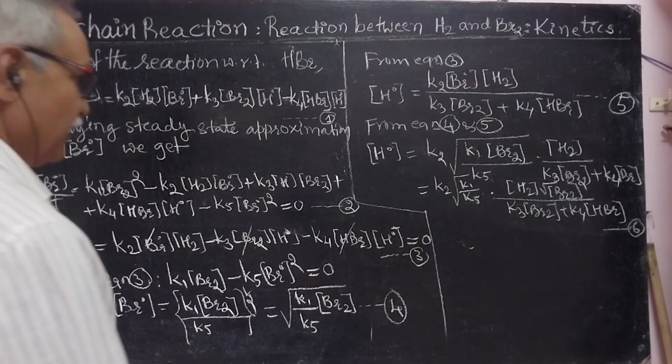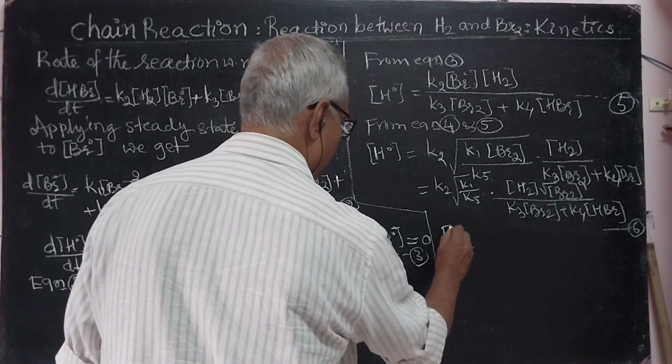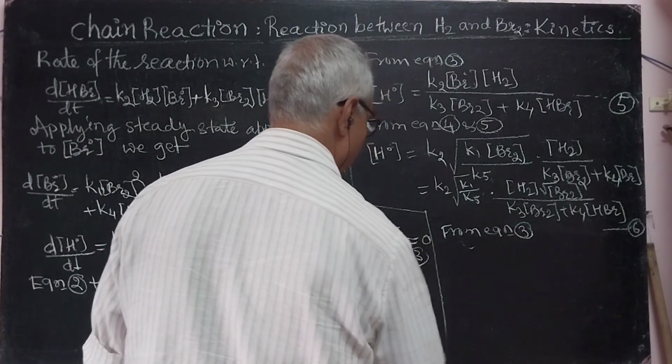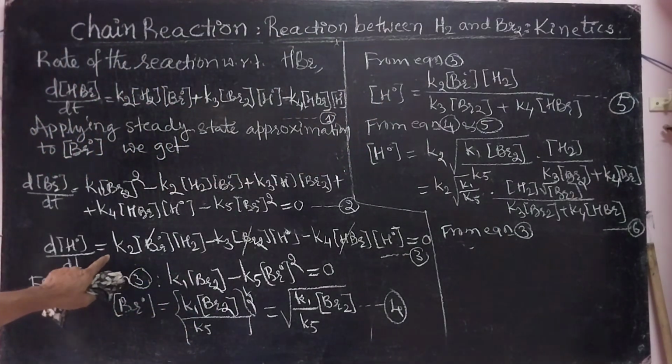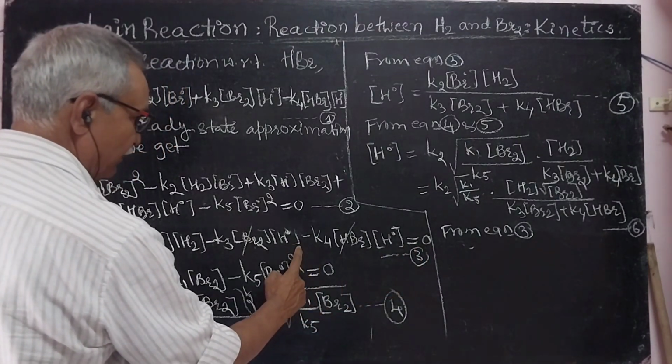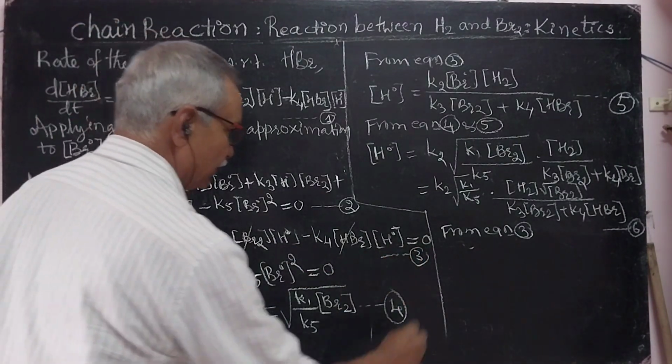From equation 3, this is equal to 0, means this part is equal to this part.